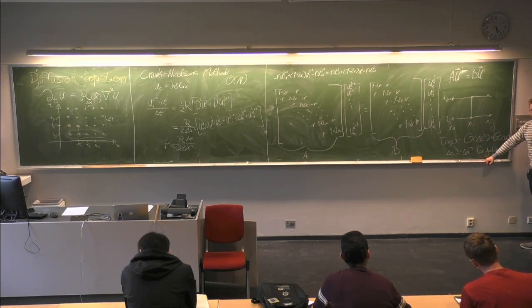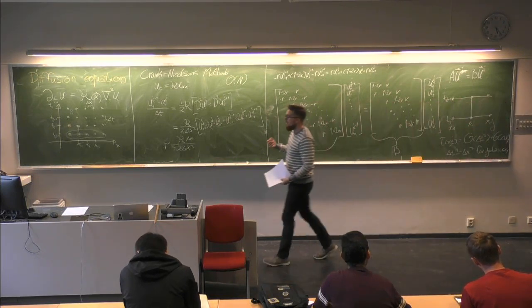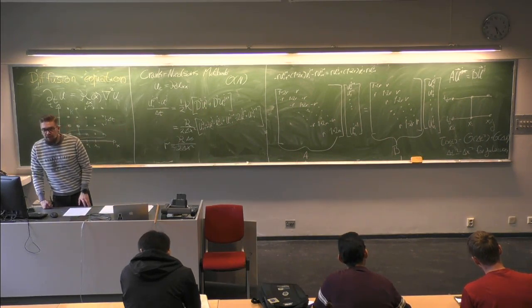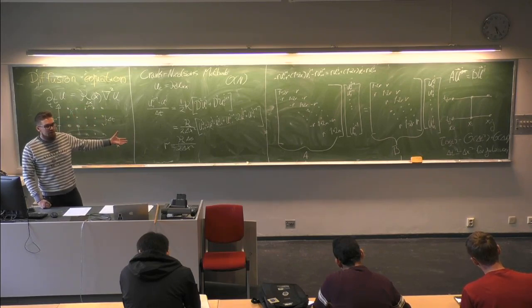Going through the math, you see that if you pick your time step to be approximately the square of the spatial step, you will have the best results with this method.